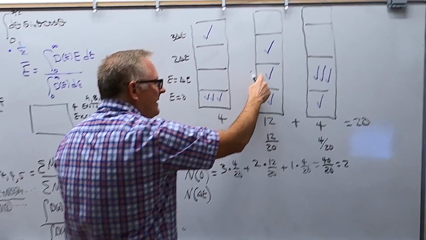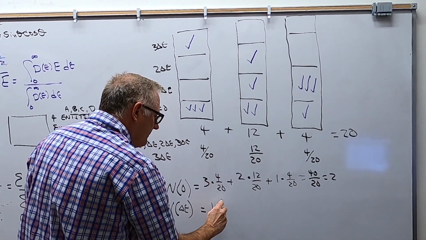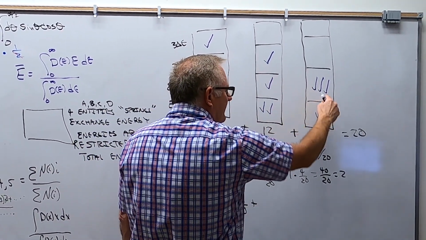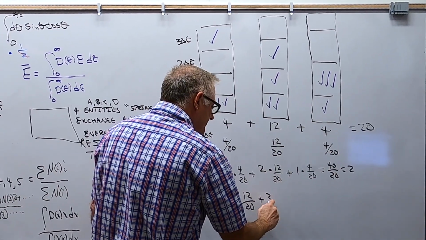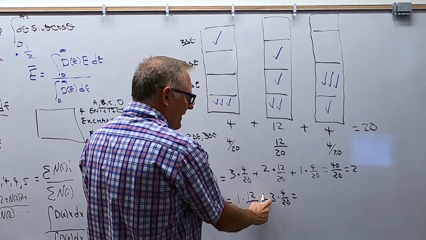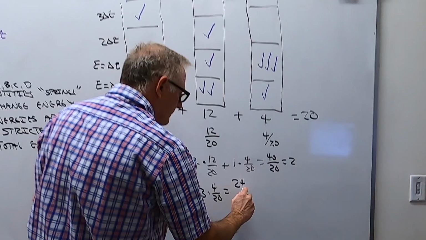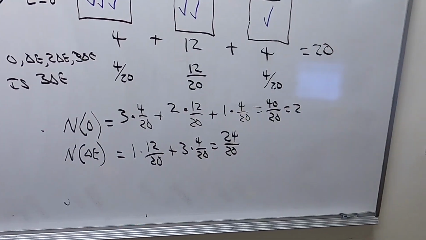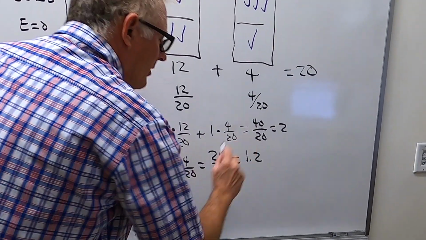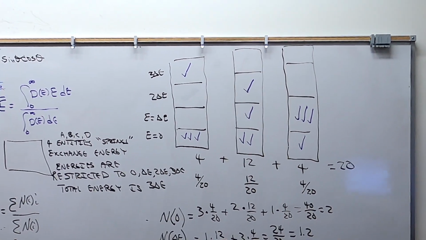You got 1 times 12/20ths plus 3 times 4/20ths, which is 12 and 24/20ths, which is 12/10ths or 1.2. So I should see on average maybe 1.2 in this second box right there.